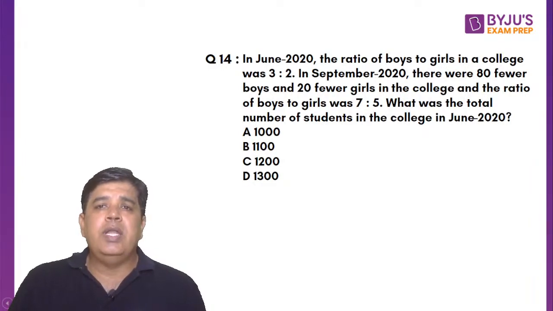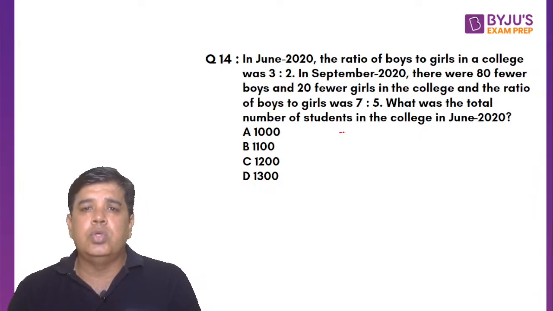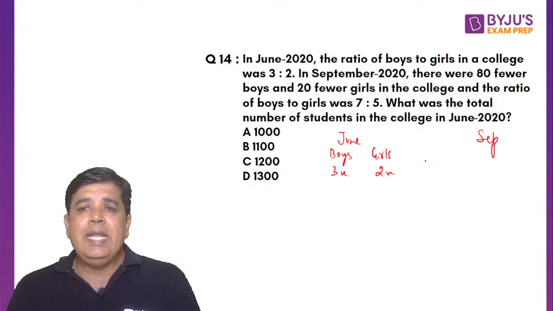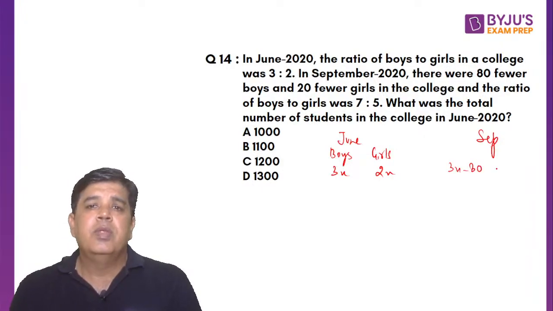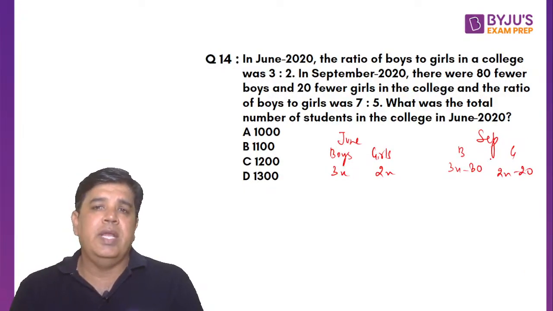In June 2020, the ratio of boys to girls in the college was 3:2. So in June, let boys and girls be 3x and 2x. In September, there were 80 fewer boys, means boys are 3x minus 80, and girls are 20 less, so 2x minus 20.